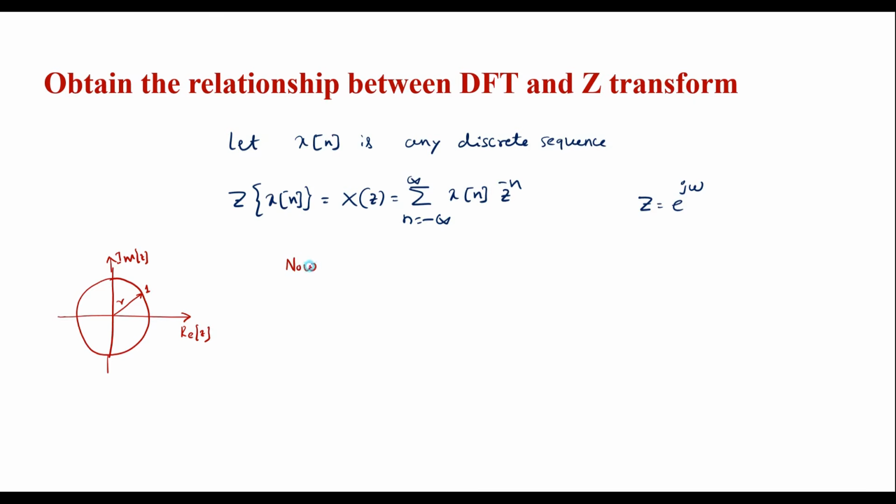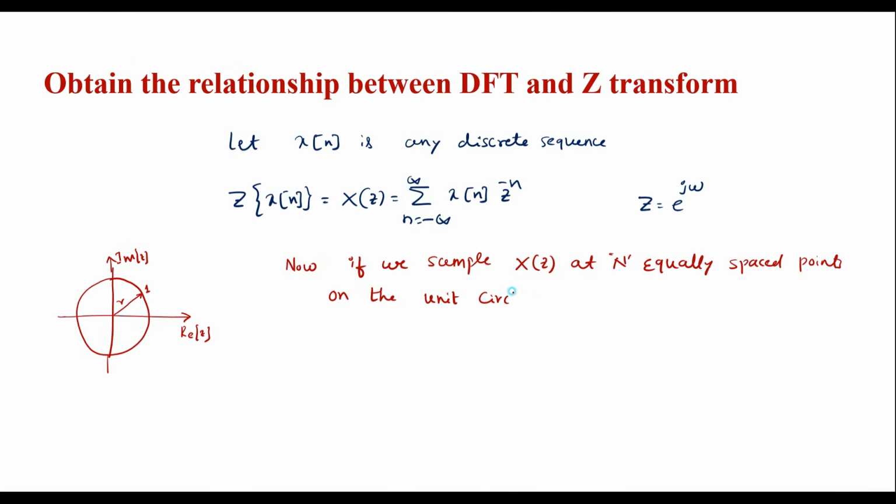So now if we sample x of z at n equally spaced points on the unit circle, it means that if I divide this circle into n points, then the angular frequency at each point can be represented as omega equal to 2 pi divided by n into k, where k varies from 0, 1 up to n minus 1, because we have divided the circle into n equal points.